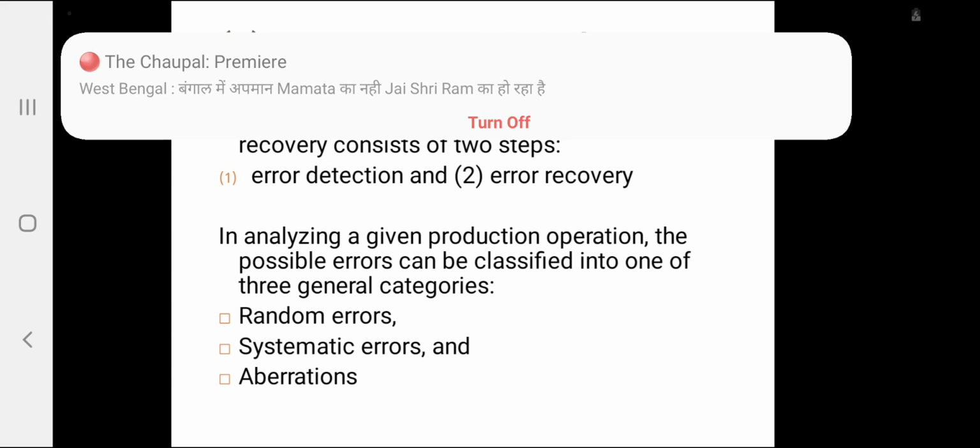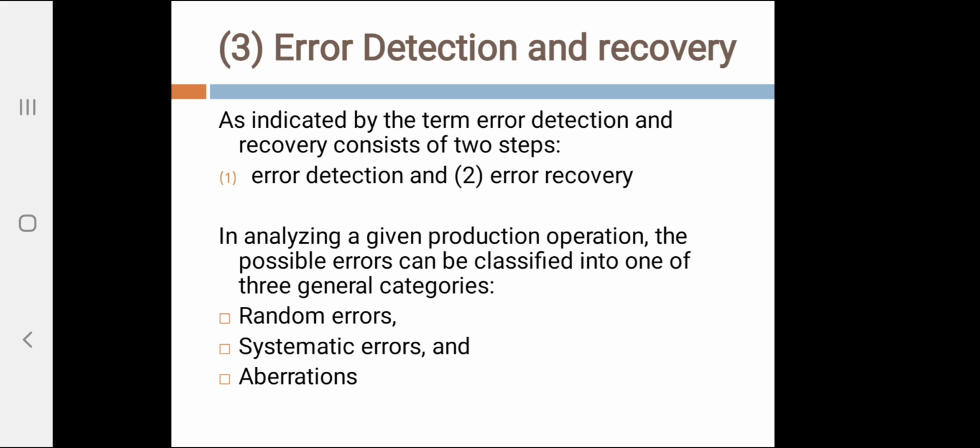Solving the first problem requires a systematic evaluation of possible errors under each of the three error classifications. If an error has not been anticipated, then the error detection subsystem cannot correctly detect and identify it.